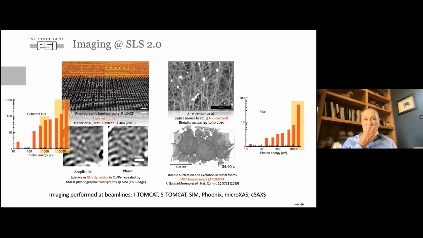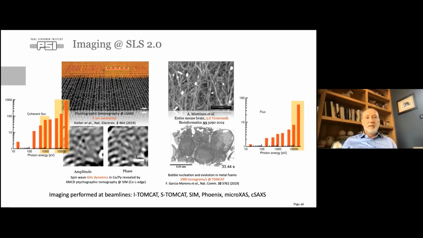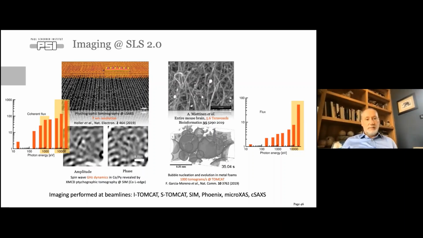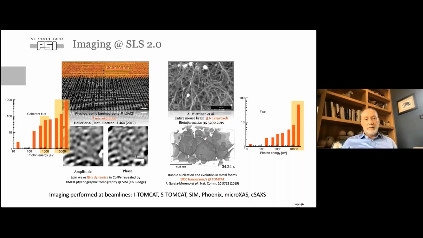In Nature Electronics. We hope to be able to do this sort of experiment at around 100 times faster speeds once the DLSR is online.